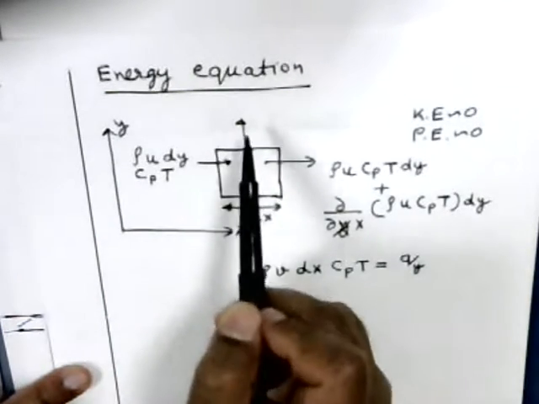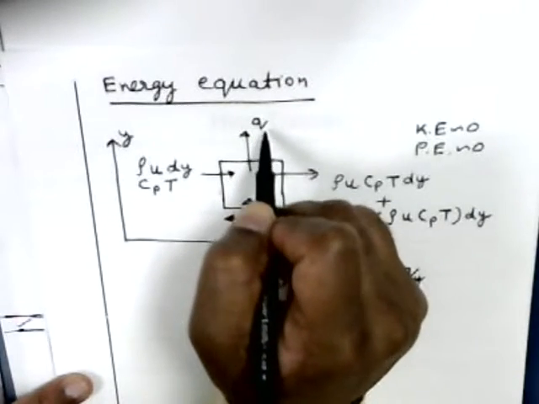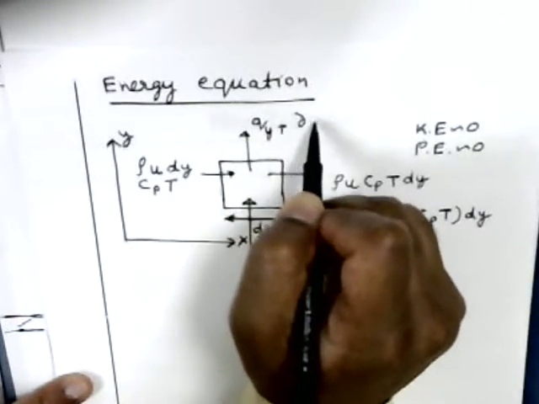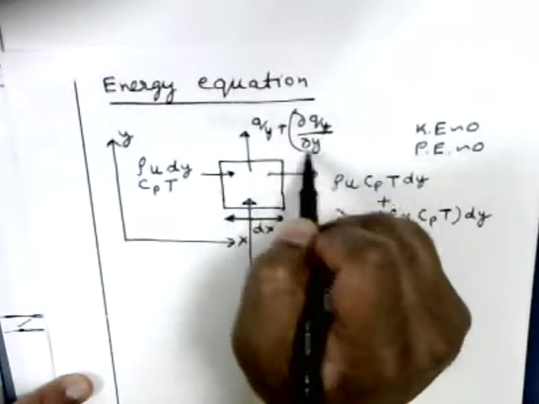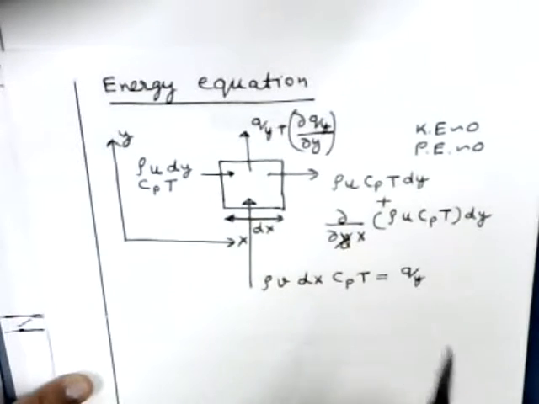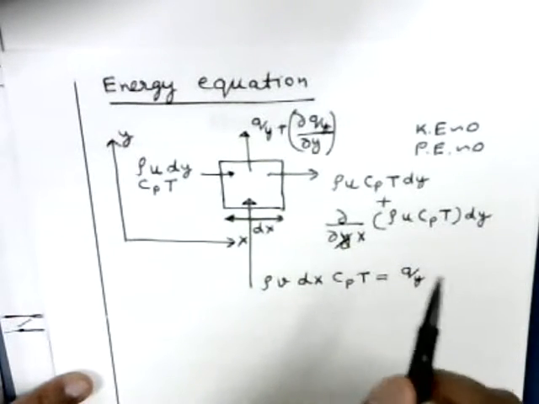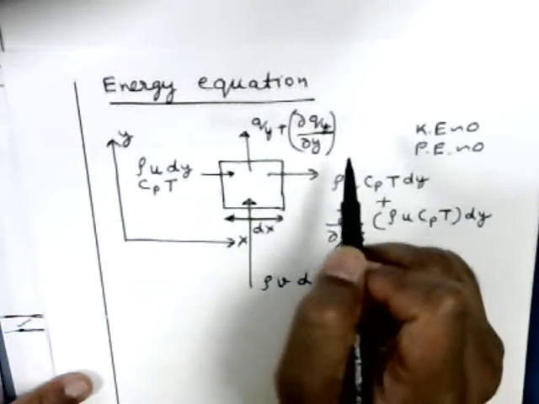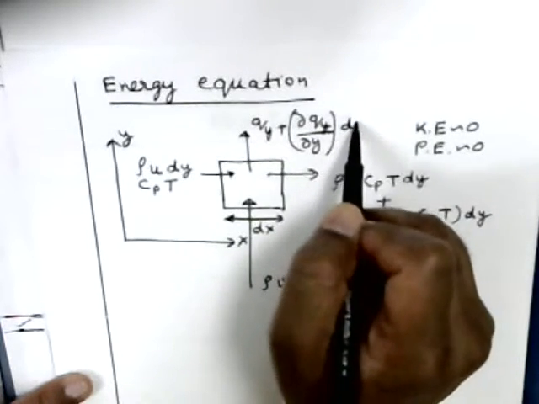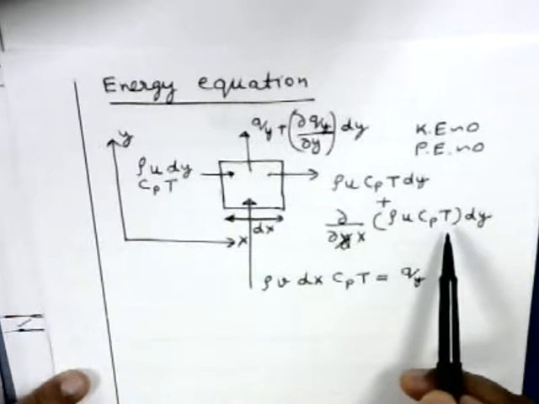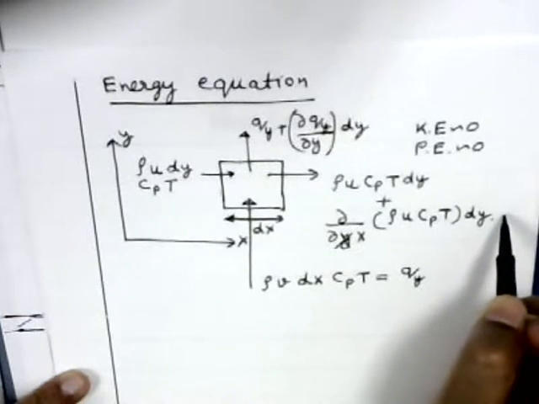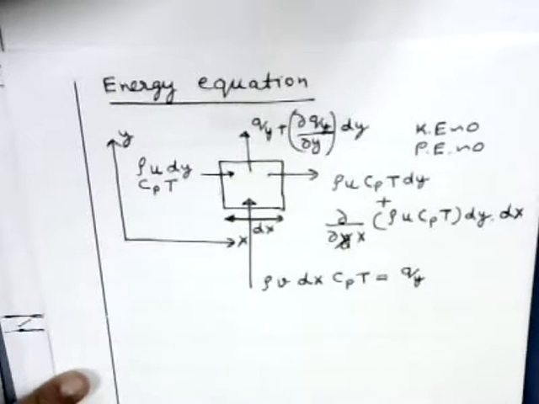So what comes out from here will be qy plus del by del y of qy times dy. In this equation also, actually, you have dx here. I had forgotten to write that. That comes out. So that is enthalpy that is advected.